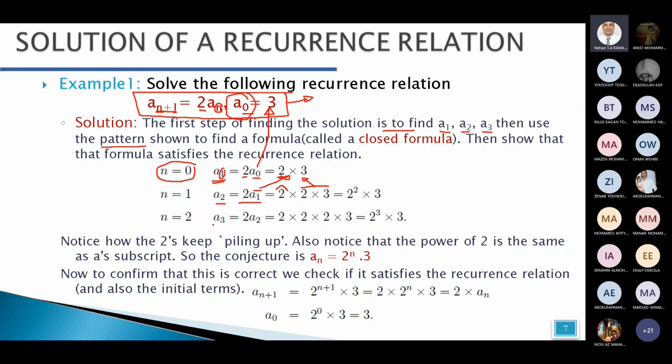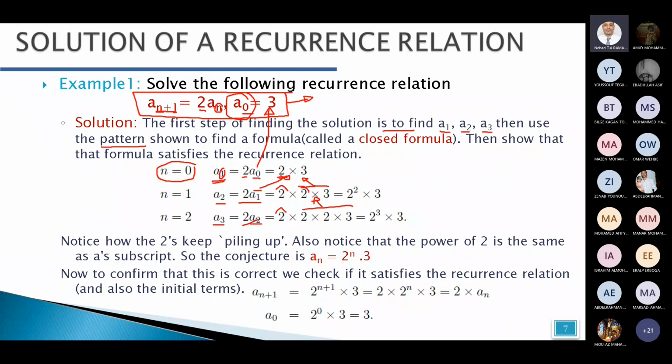Term a3 is 2 multiplied by a2, 2 multiplied by the value that comes from a2. Let's write it. So this one, 2 multiplied by 3.